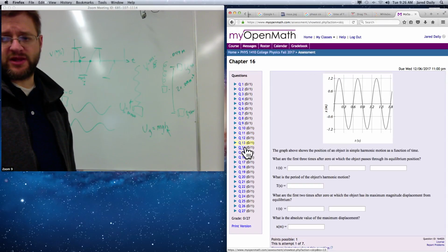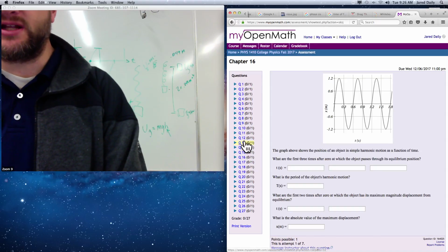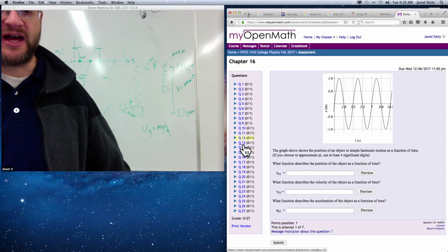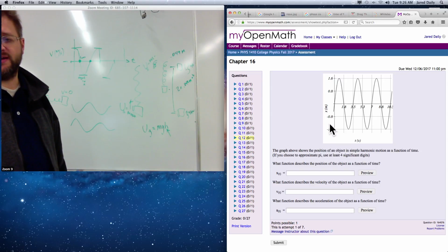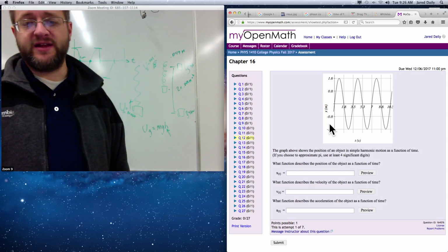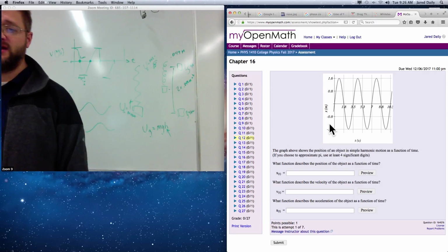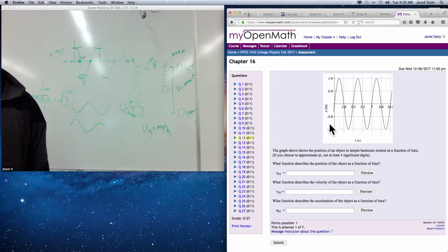And then we have some other problems where we're figuring out where things pass through the equilibrium position, like numbers 12 and 13. They give you another graph like this, going up and down here, and it's a wave. And in the case of number 12, they're telling you the distance on the y-axis, and so you can figure out what is the maximum position from equilibrium.